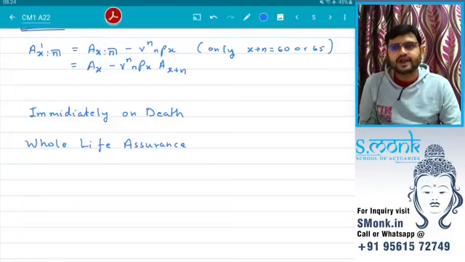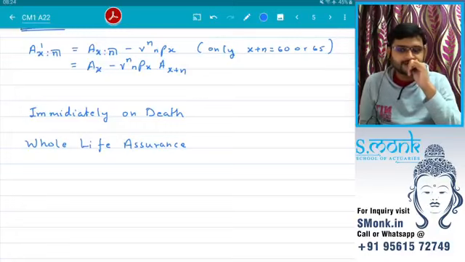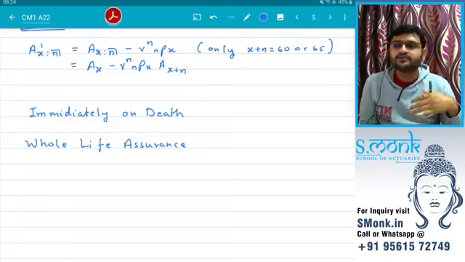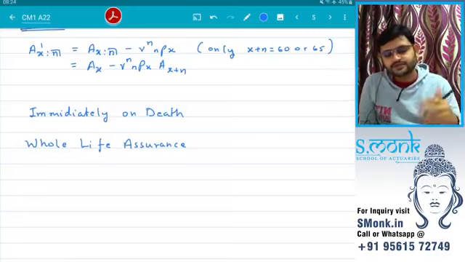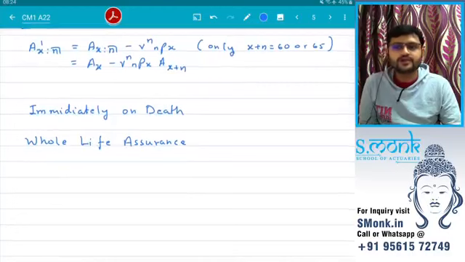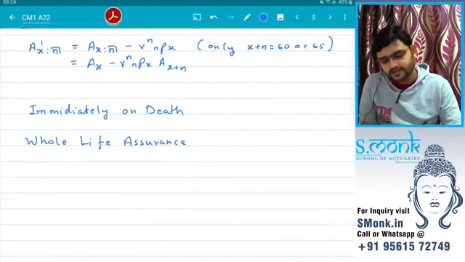That means the random variable, the number of years a person might live, now becomes a complete future lifetime random variable from the current date, right?